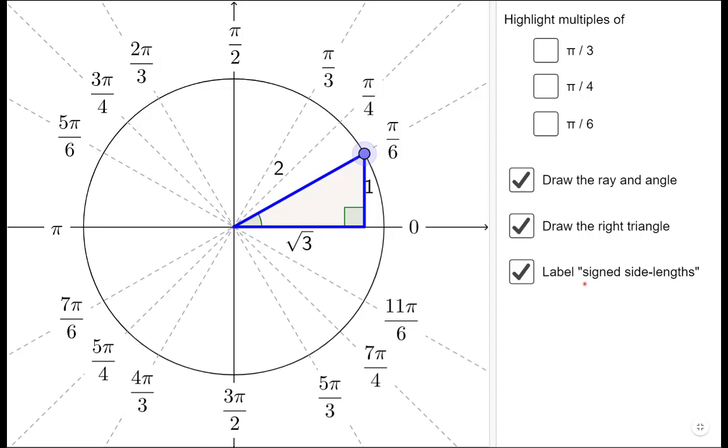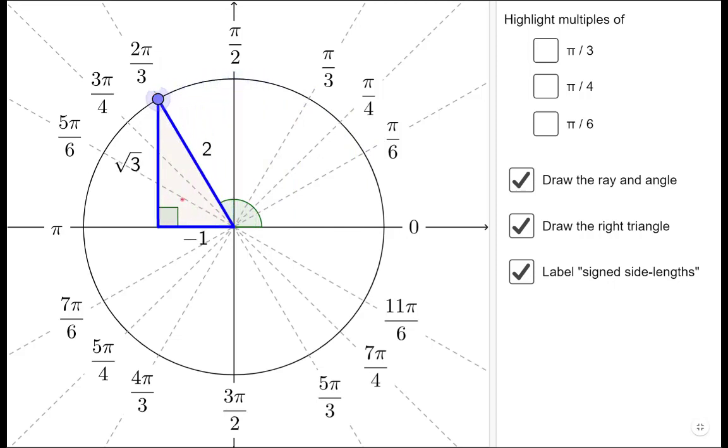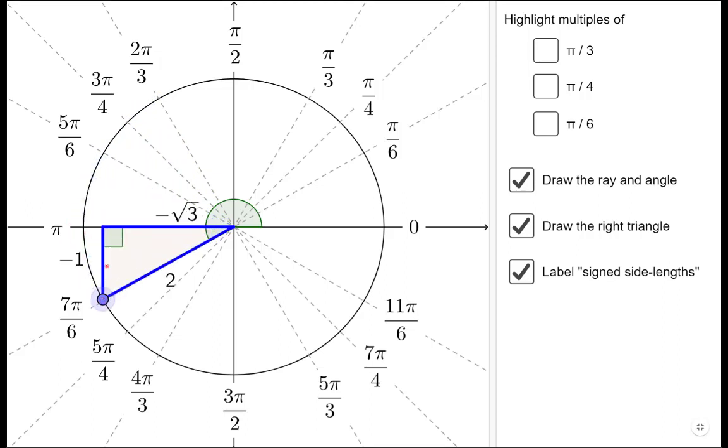Now, look what happens when I move this into a different quadrant. I'm going to take this and push it over here, and look at the side lengths now. And now I have a -1 because this x part of the leg of the triangle is going into negative x territory. So I'm going to call that a -1. And if I go further into the third quadrant, now I also have a negative on the y component of the triangle.